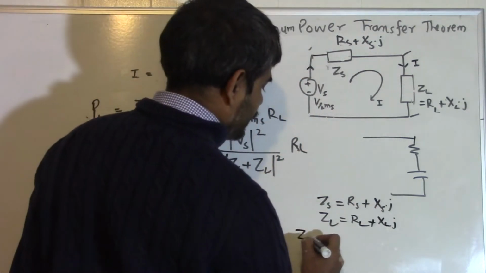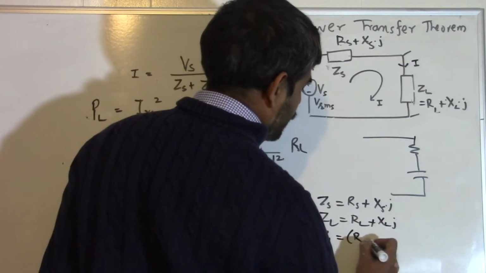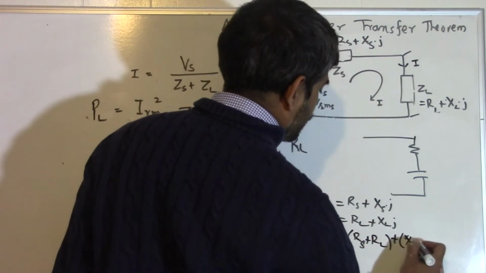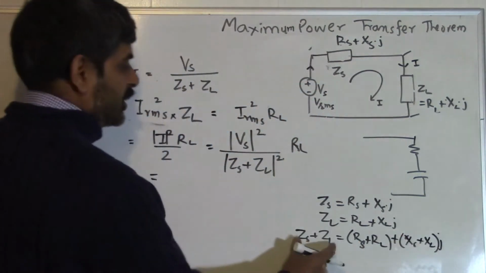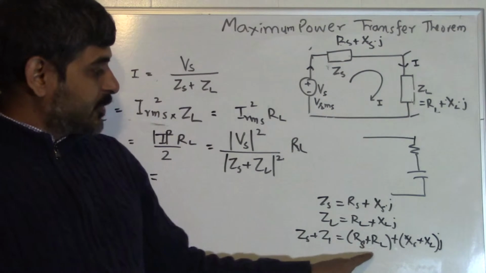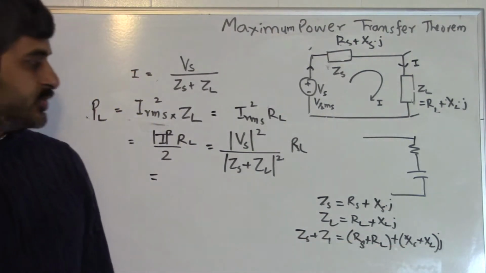If you write Zs + Zl as a vector, that will be (Rs + RL) + (Xs + XL)·j, and if you take the modulus of this, it will be the square root of (Rs + RL)² + (Xs + XL)².